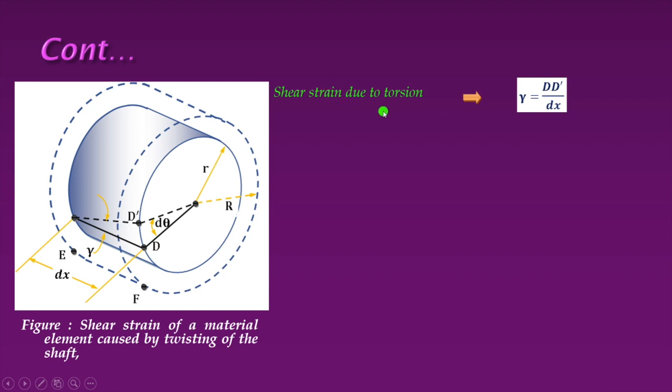This gamma is called the strain, meaning deformation per unit length. For dx length, the deformation is DD dash. So this is the strain. Now again, for this circle, this is equal to r, this is DD dash, and this is d theta.